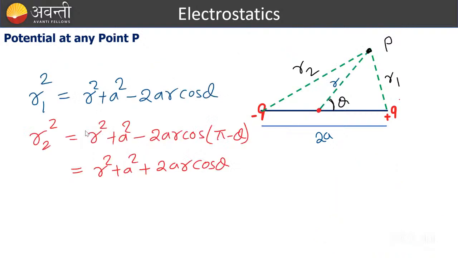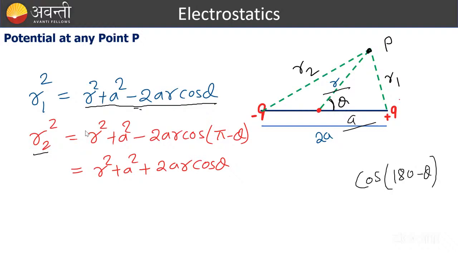So R1 का square क्या लिख सकते हैं? R square plus A का square minus 2AR cos theta. This one. R2 का square, R square plus A square minus 2AR cos 180 minus theta. And cos 180 minus theta is what? Cos 180 minus theta is in second quadrant and that is why it is equal to minus cos theta. So इसलिए ये minus minus plus हो गया. So this is this. ठीक है.